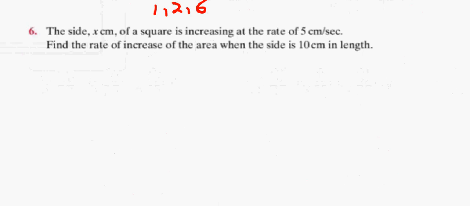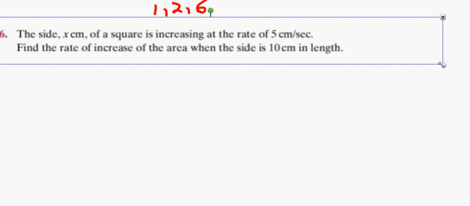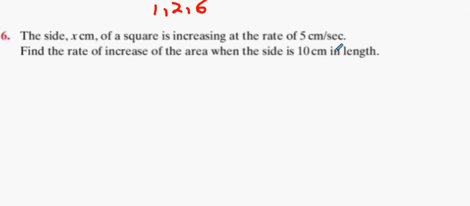Now, the side of a square is increasing at the rate of 5 centimeters per second. Look at the units. Centimeters per second. What does that indicate? x is measured in centimeters, time is measured in seconds.